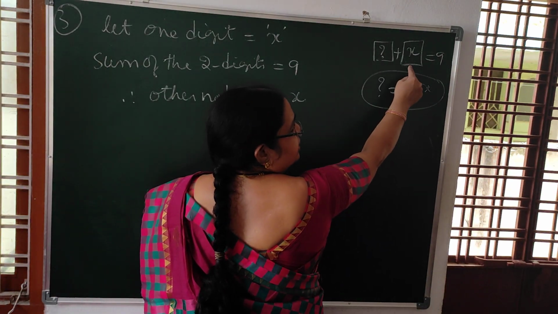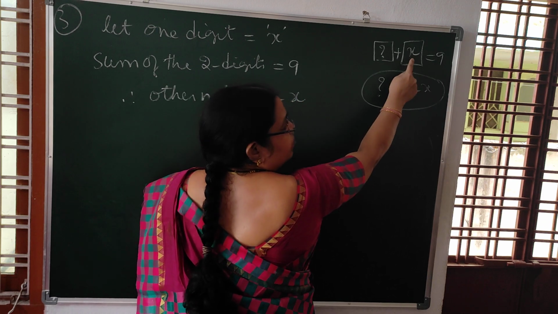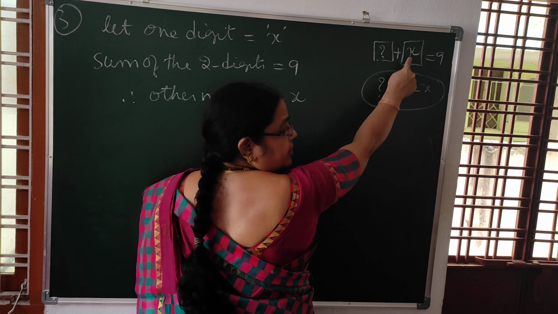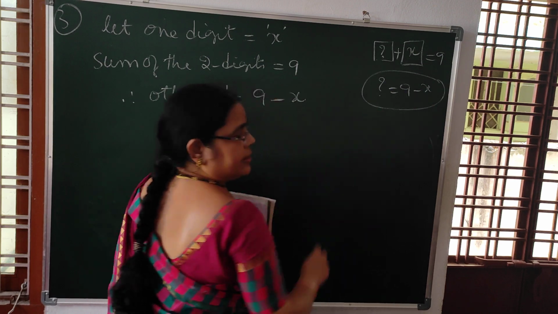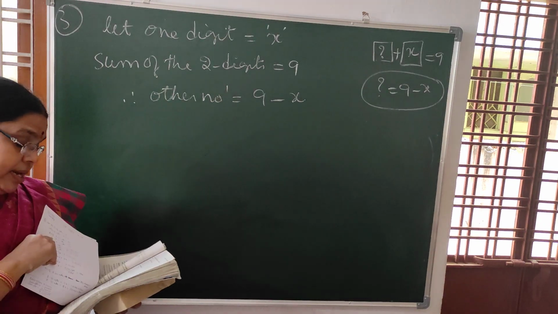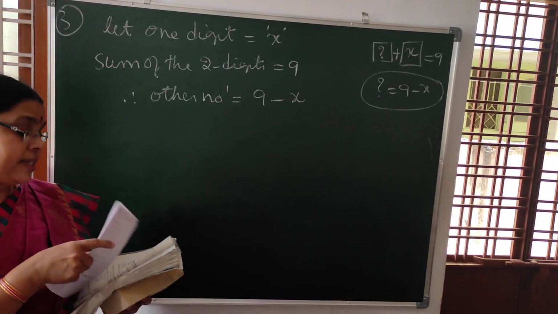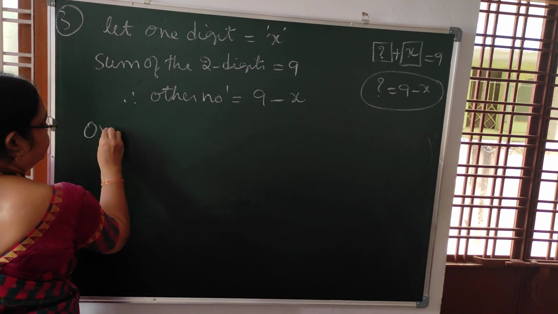These are the two digits, and the sum of these two digits is 9. One digit I have taken as x, that is the units place or ones place. Then the tens place becomes 9 minus x. Okay. Now, what is he saying? When you interchange the digits, now before interchanging, what is the original number?